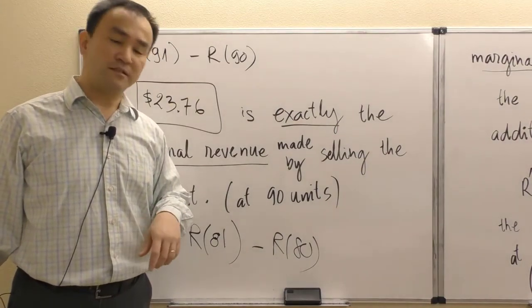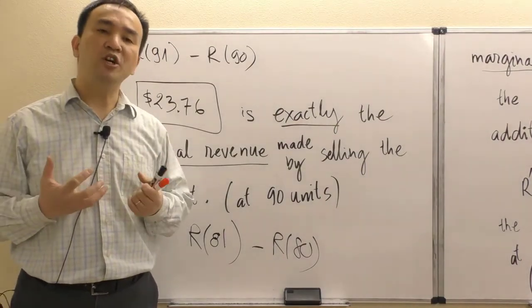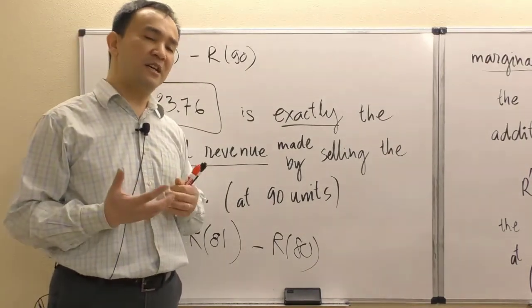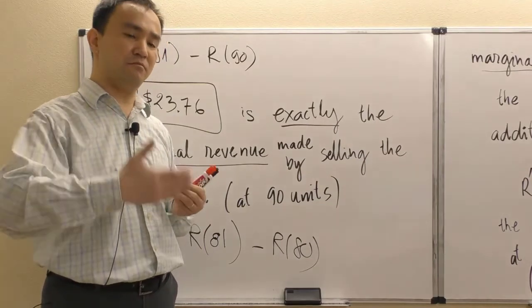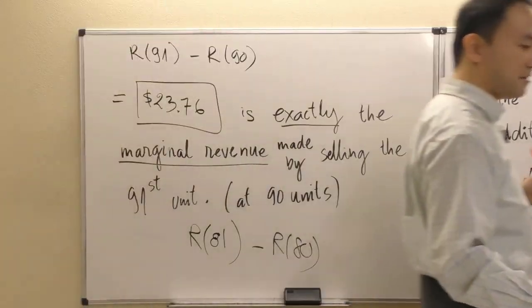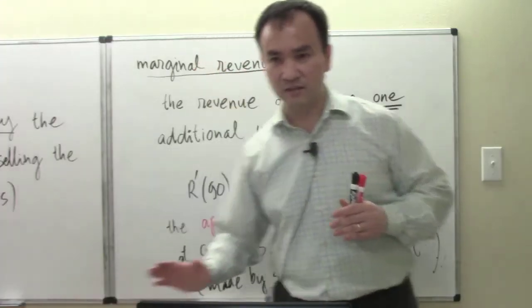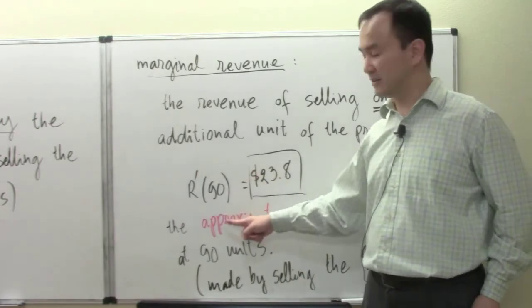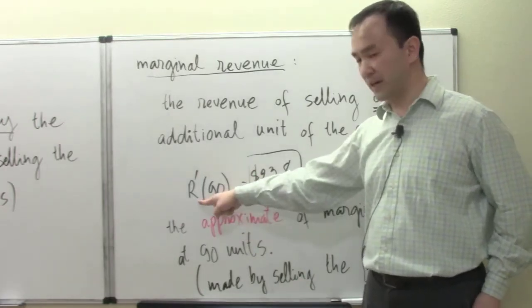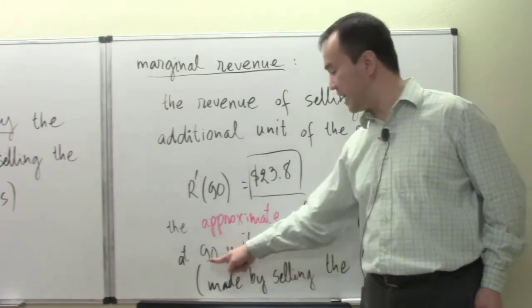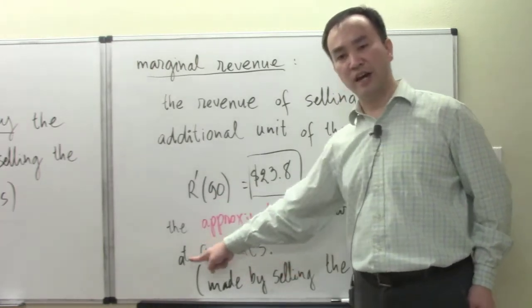Okay, but if you just want a good enough picture, a good idea about how much marginal revenue you are making at an instance, then it's better, faster, a lot more efficient to do this approximate. So what's the plan there? Get the derivative and substitute in the instance value, the instance where we are selling 90 units.